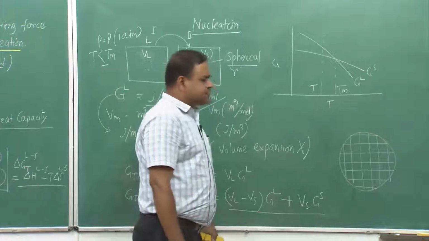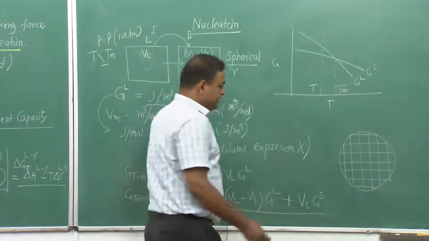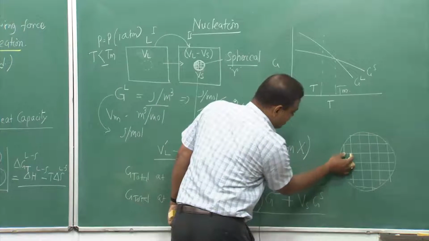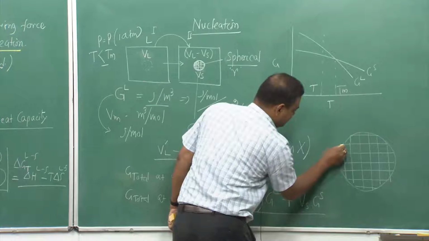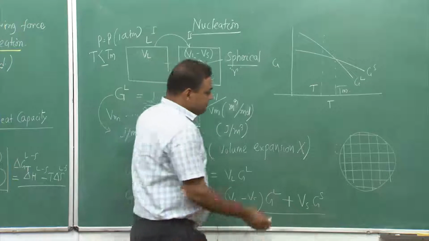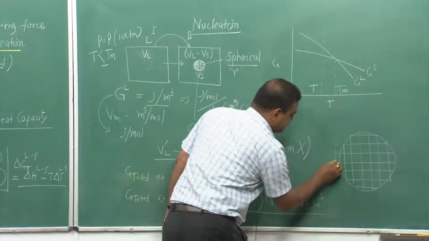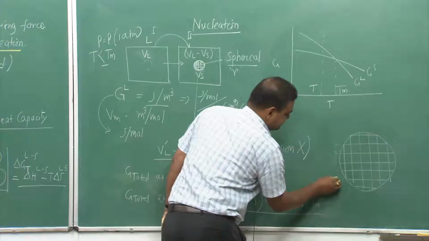Now at some point I have a missing part. For example, this is not of the same length as this. So if I extend it, then only I get a lattice. Similarly, here if I extend it, then I will get a lattice.